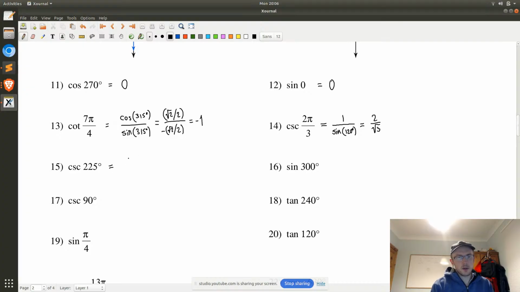Cosecant of 225 degrees. Sine of 300 degrees.